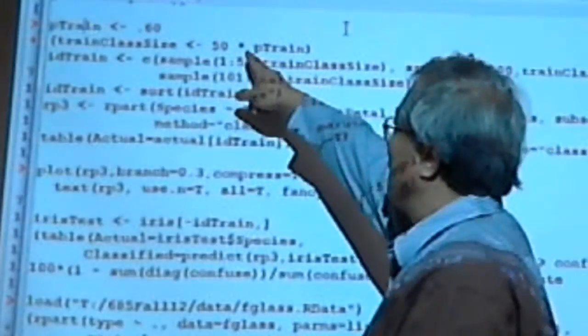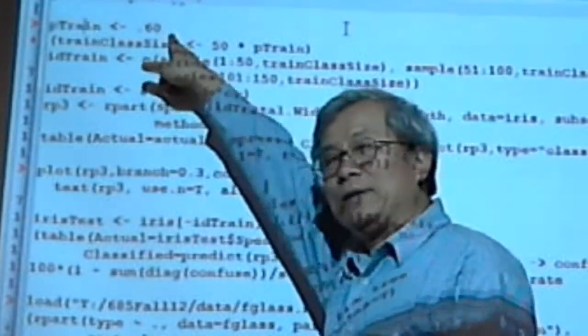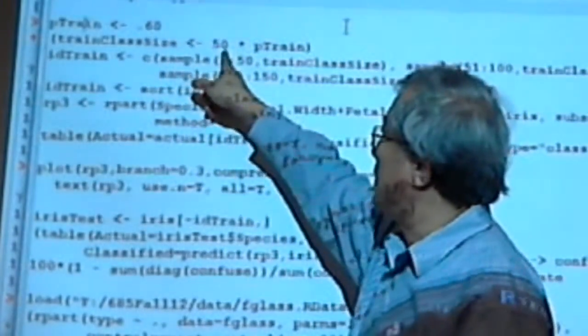So 60% on the train set, and 40% on the other, the test set. Of course, this probably doesn't work for other problems. In our problem, we know that in our data set, each species has 50 observations.